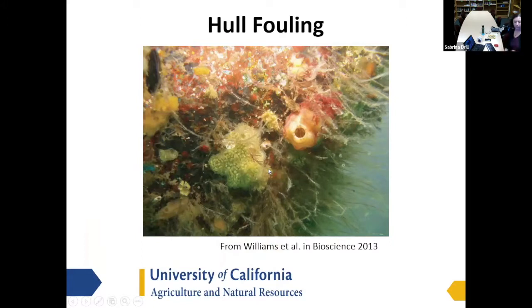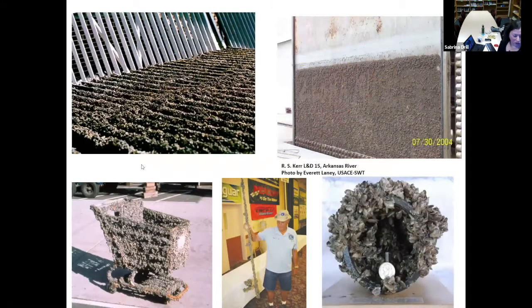He's got a timer on these. And you can see examples of how they might fill up a pipe, and other things that they just encrusted over. When they do this, they also change the water clarity because they're sucking tiny single-celled algae out of the water and eating them, and then they're pooping everywhere. So they're reducing water quality and also changing water clarity, which affects the native organisms.